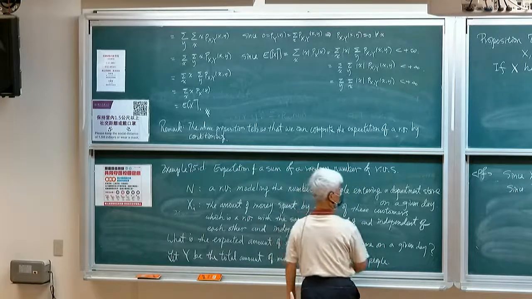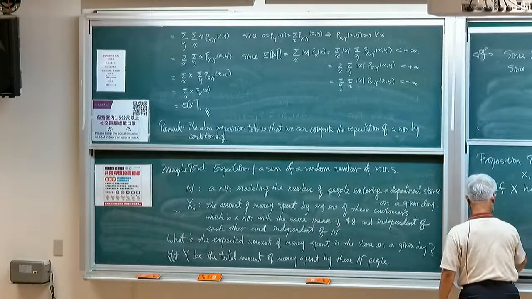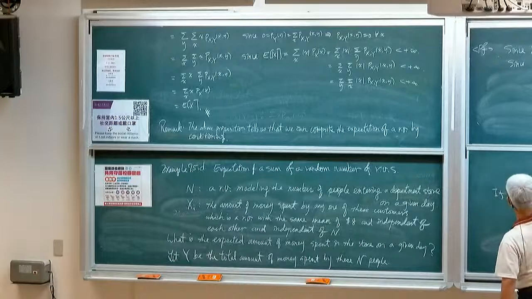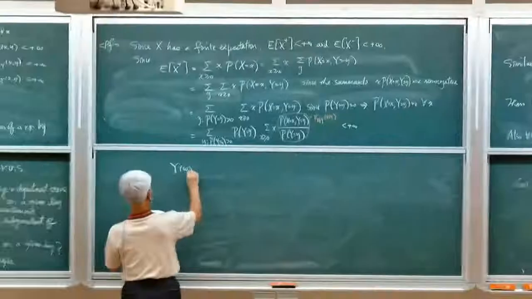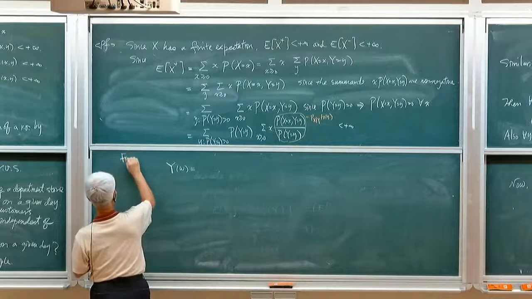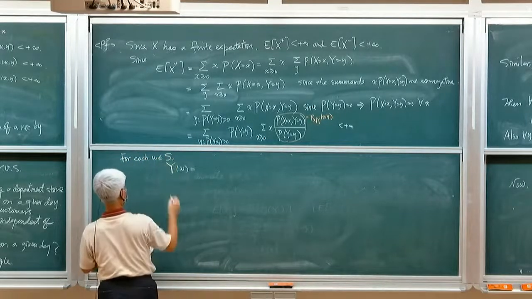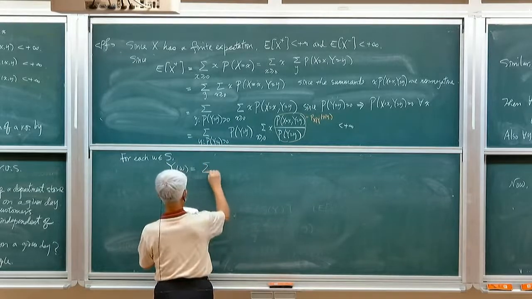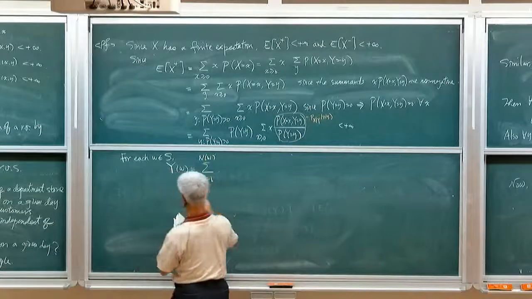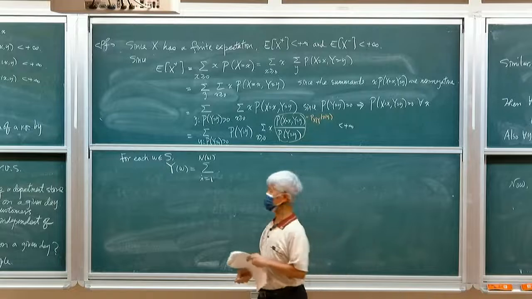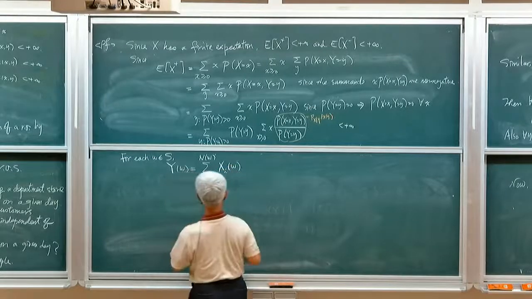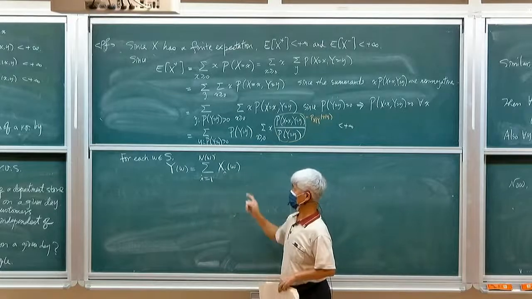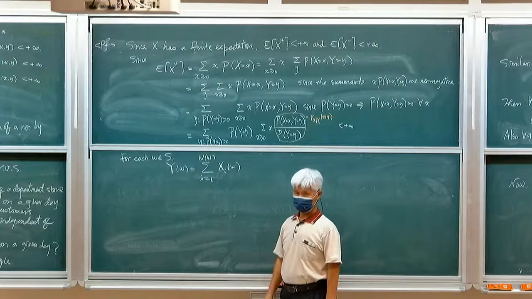Okay. So now Y, for each outcome omega in the sample space, Y(omega) would be equal to, so we have N(omega) customers entering the department store, and each customer, the ith customer, will spend X_i(omega) amount of money.